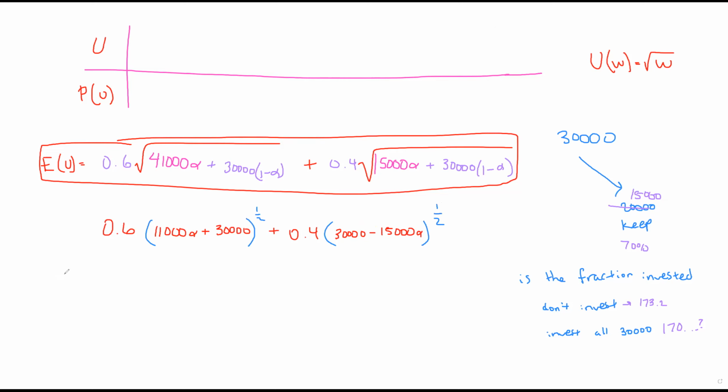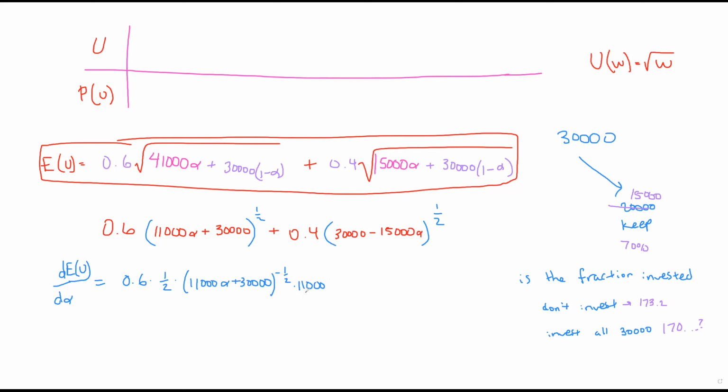When I take this derivative with respect to alpha, it's not a partial derivative, of expected value of utility, I get 0.6 times the 1/2 comes down in front times 11,000 alpha plus 30,000 to the power of negative 1/2 times the derivative of my inside function, which is 11,000.